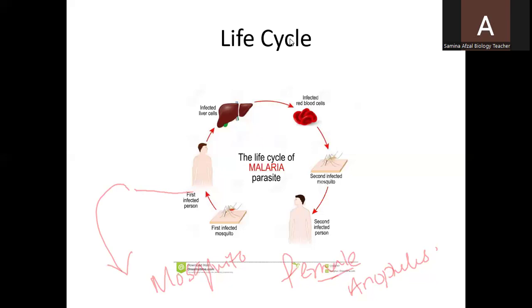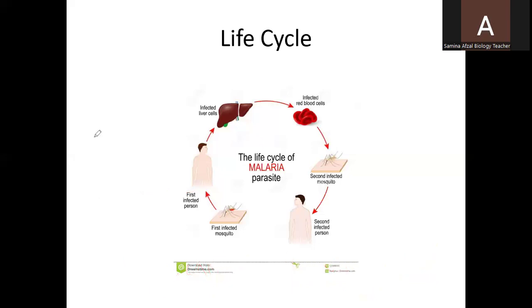So what happens when these Plasmodium enter the body of a healthy person? How do the vectors play their role in this? In this way, you can see the first infected mosquito. The first infected mosquito means the mosquito which has bitten a person with Plasmodium in the blood. That was the person who had this malarial infection in the body.